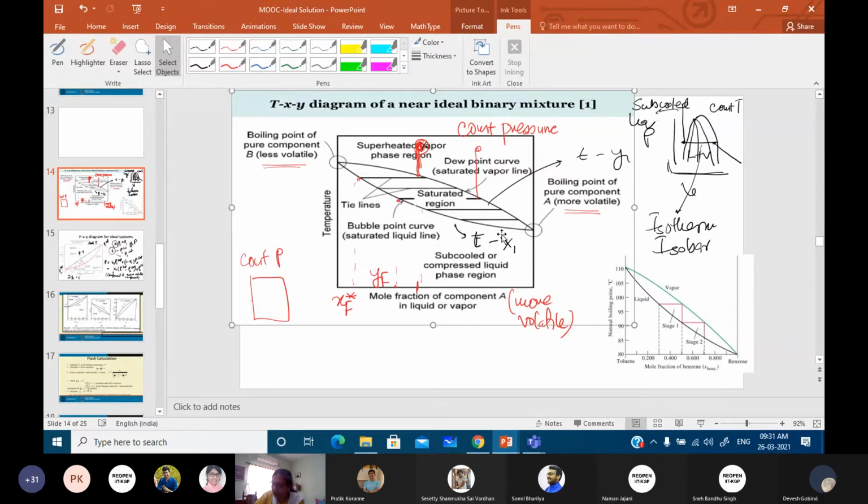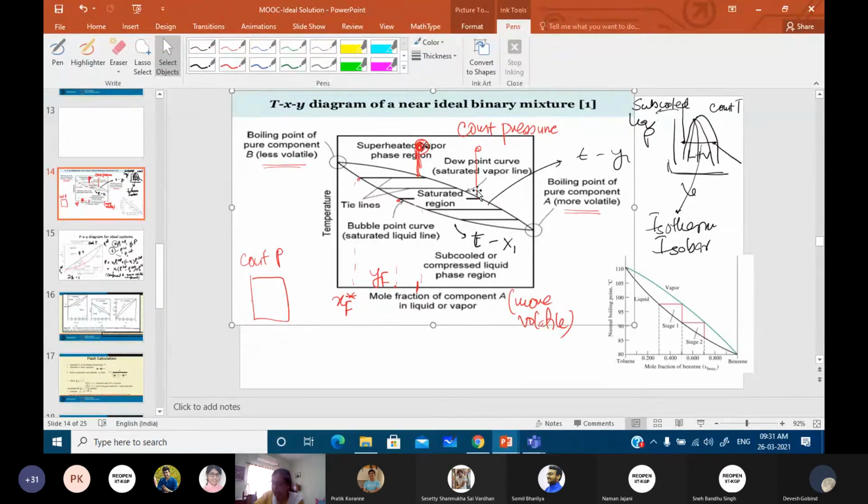So the locus of all the points, which signifies appearance of the first dew of the liquid, this particular curve, the saturated vapor line, is also known as the dew point curve. Why?